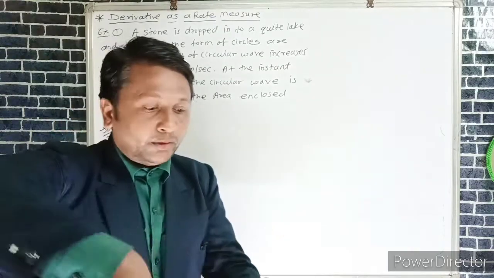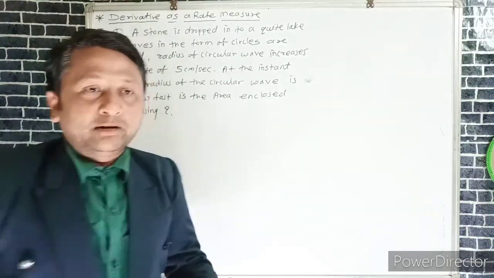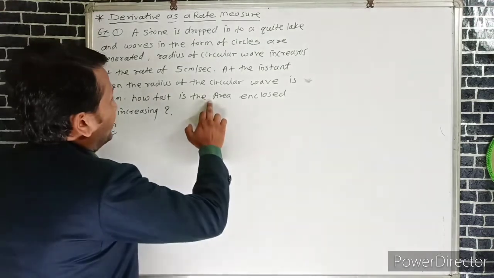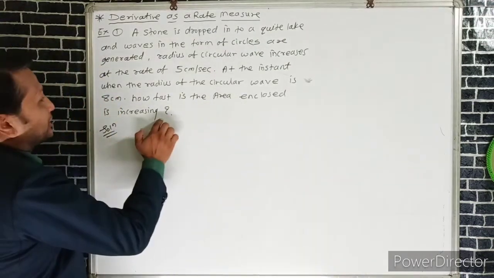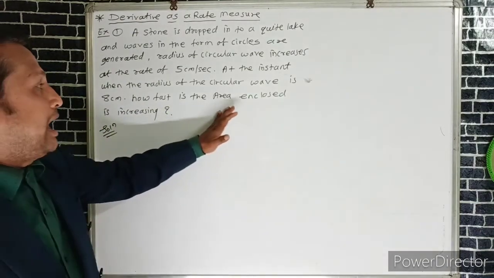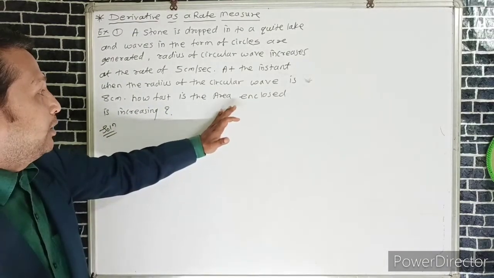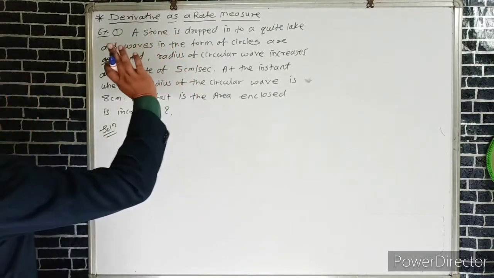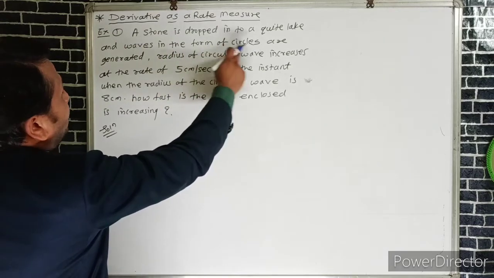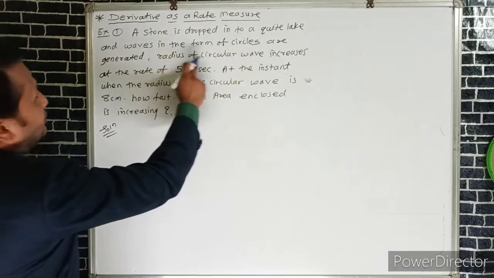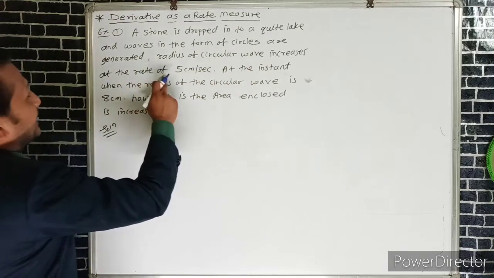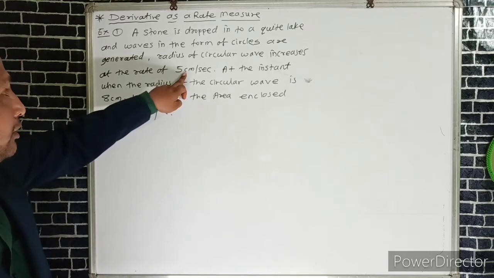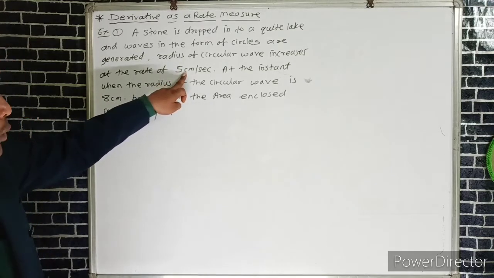Hence we have to find the rate of change of area with respect to time t. The radius of the circular wave increases at the rate of 5 centimeter per second. It means the rate of change of radius r with respect to time t is given.